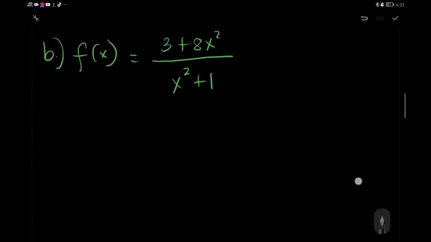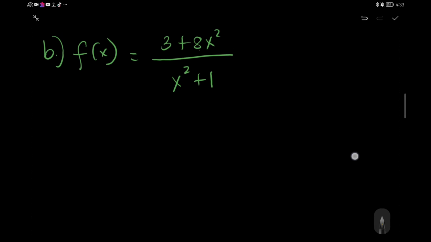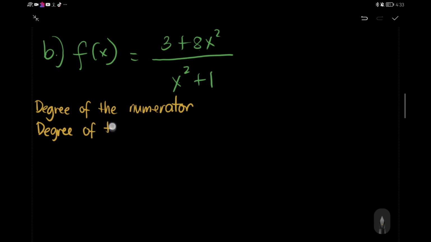We have here f of x is equal to 3 plus 8x squared over x squared plus 1. So, first, again, identify the degree of the numerator and the degree of the denominator.